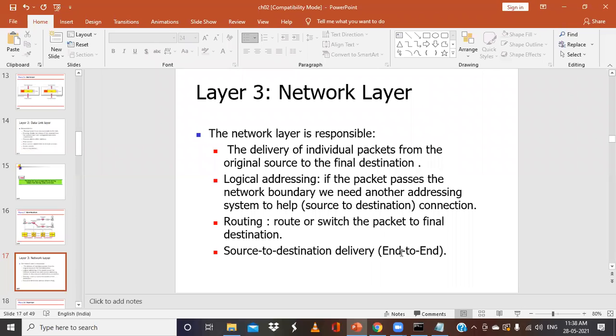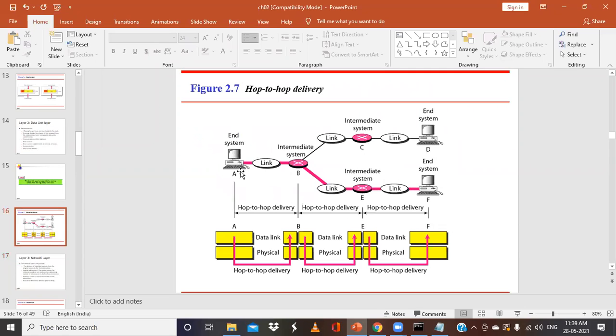In the case of the data link layer, if A has transmitted to B, then the data link layer working at A has finished its task. When B wants to send the data to E, the data link layer working at B is responsible only for confirming whether the data from B has reached E or not. It is not worried about whether E to F is transmitted or not. That is not the responsibility of the data link layer working at B, and so on.